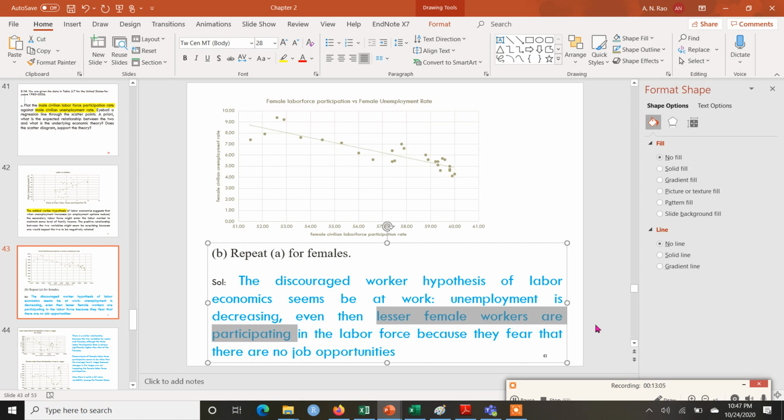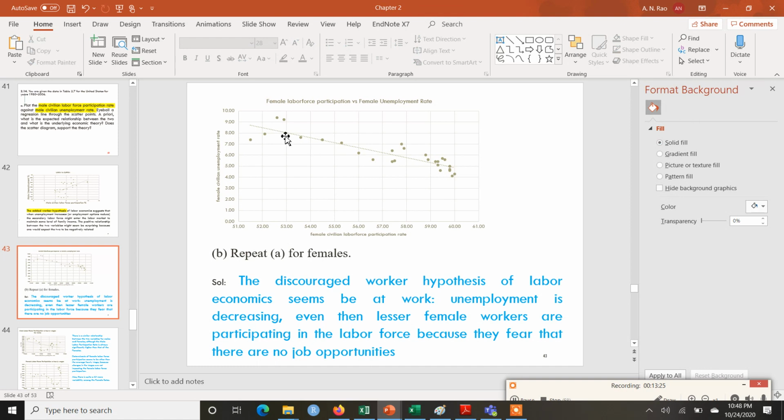Let me repeat this. The discouraged worker hypothesis of labor economics is saying that when female unemployment rate is decreasing, even then fewer female workers are participating, which means that they fear that there are no job opportunities. Why are we discussing that one variable is increasing and the other is decreasing? Because the line is downward sloping.